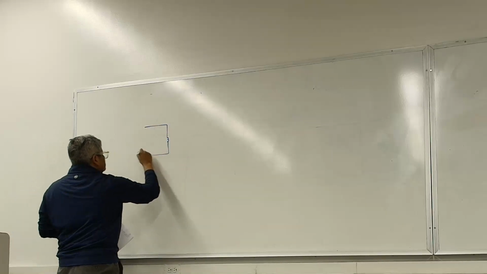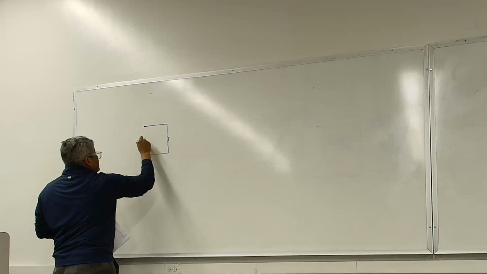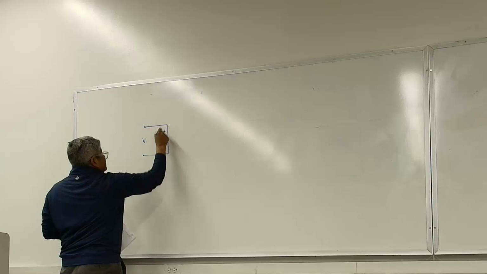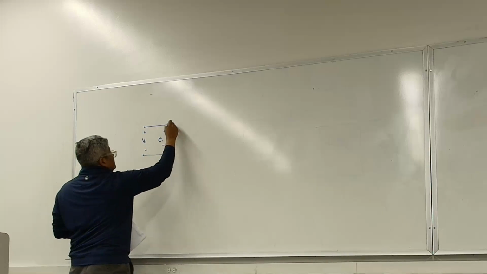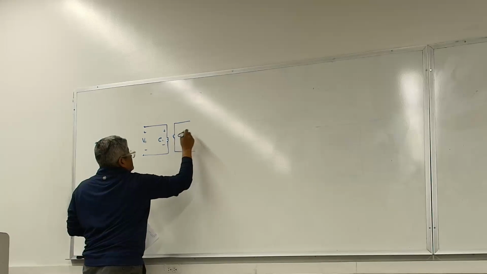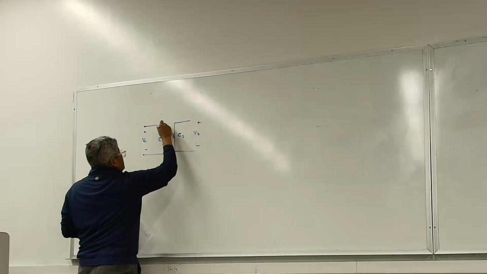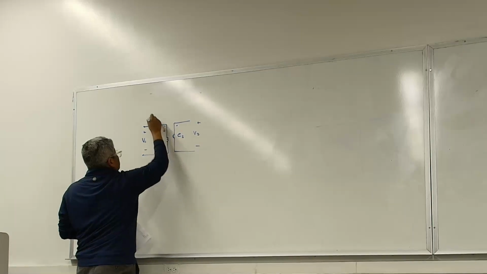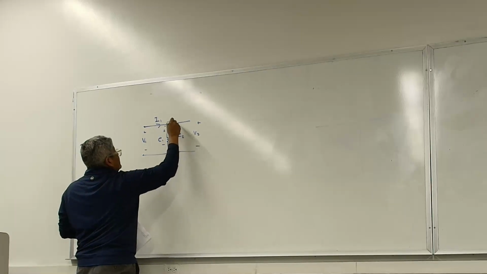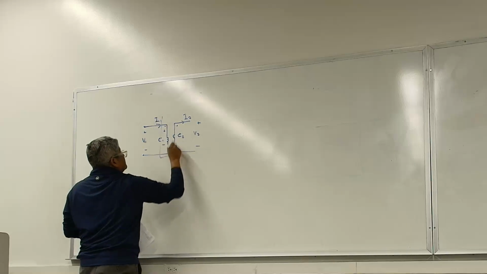Let me just do a little refresher. V1, E1, plus minus, E2, V2, plus minus, and we talk about an ideal transformer. This is I1, and obviously this induces a current I2 through this winding.